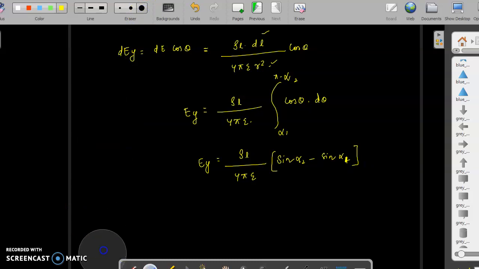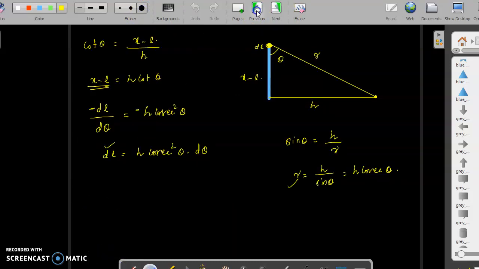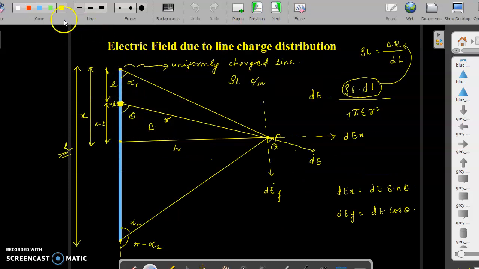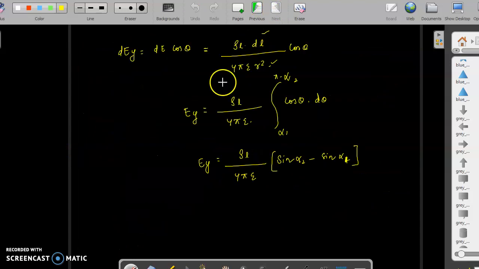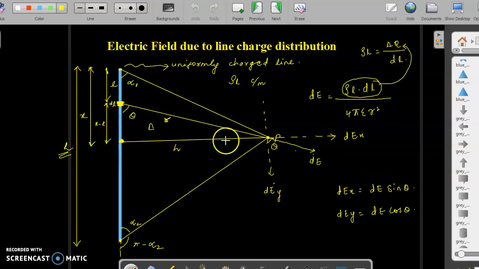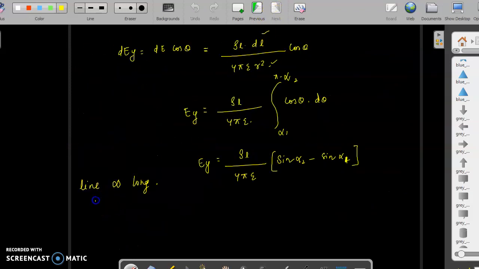Now if the line is infinitely long and the point P is exactly at the middle of the line, then alpha 1 and alpha 2 become the same.